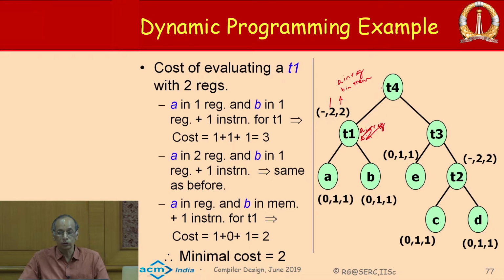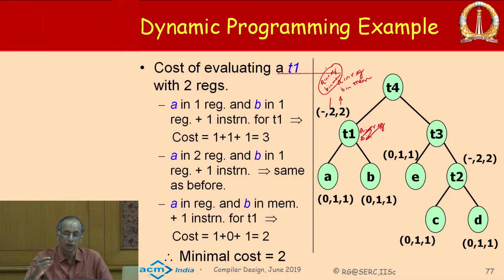This information is something that we need to save, so that when you come to T2, if you choose 2 registers, it means that you have to use this particular option, correct. You need to remember that, otherwise you would not know how you have arrived at that. Similarly, for this also you need to remember. Here, A in register, B in memory, correct.